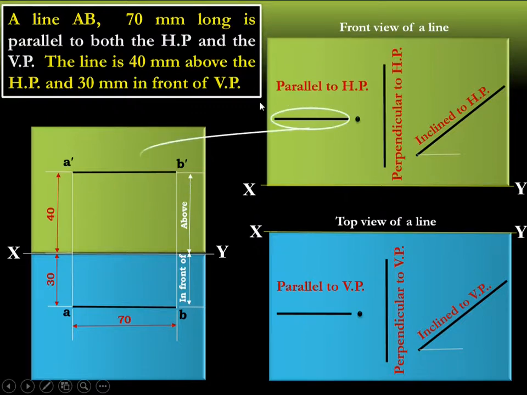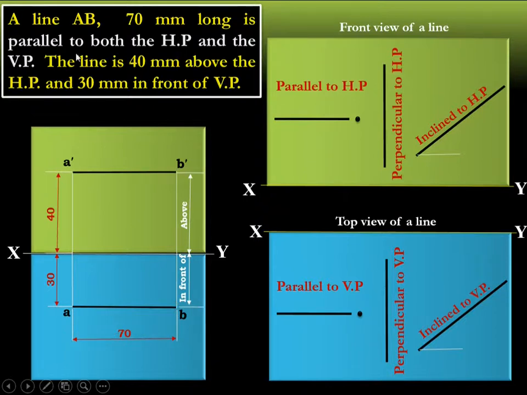So here we can understand that the projection which is obtained is parallel to XY line. Also it is located above the XY line. When the line is parallel to vertical plane, the projection which is obtained will be parallel to XY line and it will be obtained below the XY line.